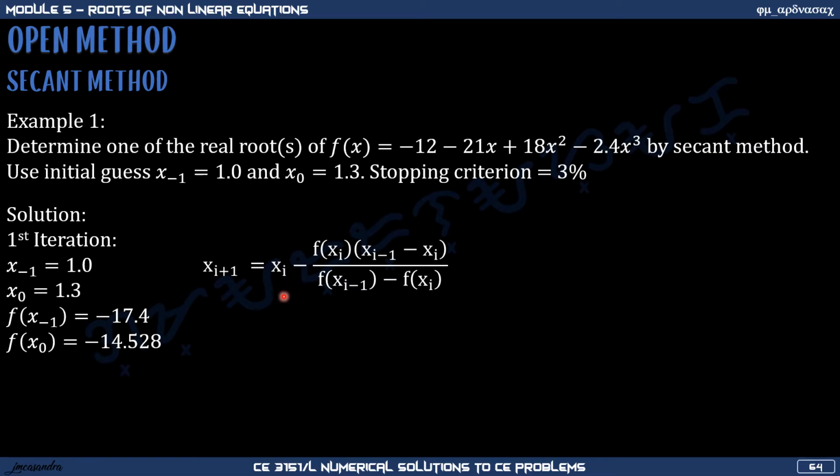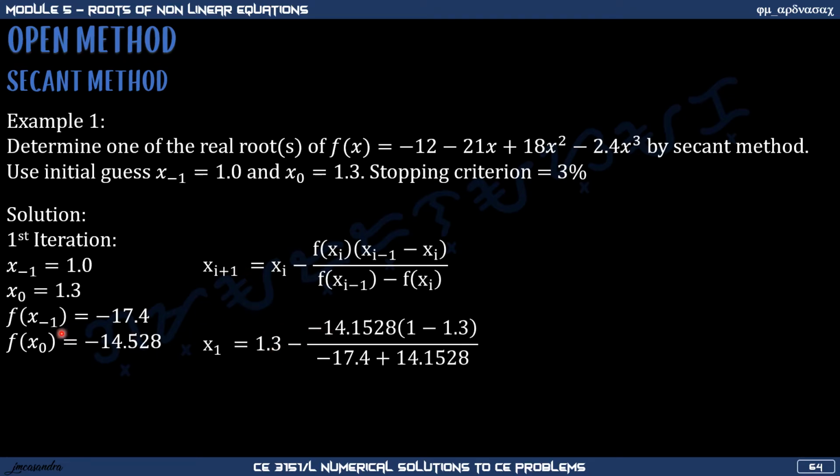So x sub 1 will be equivalent to 1.3 minus f of 1.3, which is negative 14.528, multiplied by 1 minus 1.3 divided by negative 17.4 minus negative 14.528, so it becomes positive 14.1520.